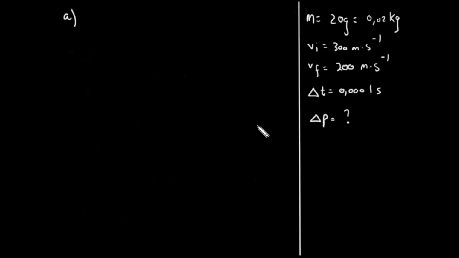So firstly, the change in momentum. We know the formula for that. Change in momentum is equal to m times (vf minus vi). We know what the mass was equal to, 0.02 kilograms, times 200 minus 300.